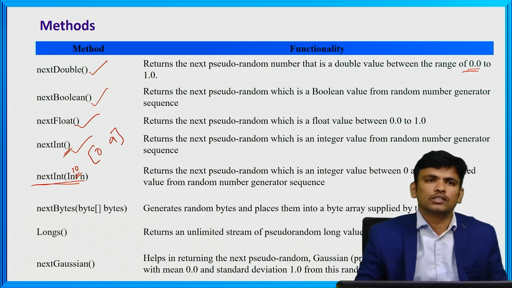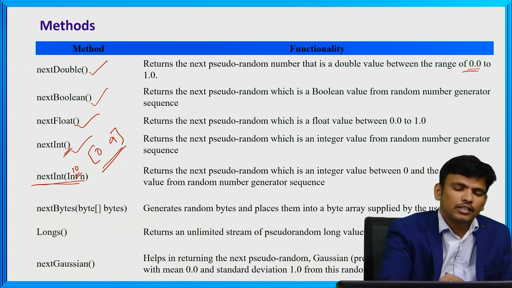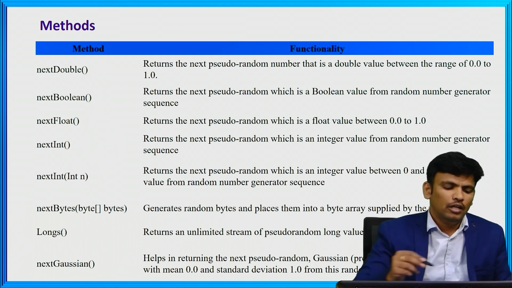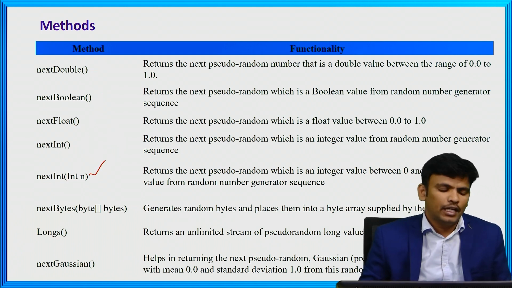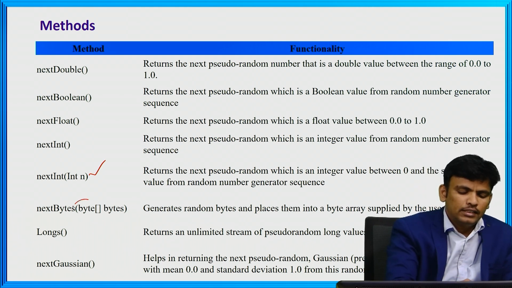So you need to pass 10 as the argument, so that it will generate any random number within the range 0 to 9. Okay, so if you have such a requirement, we can use this method. And nextBytes will generate random byte values, and you can observe here what it is generating.